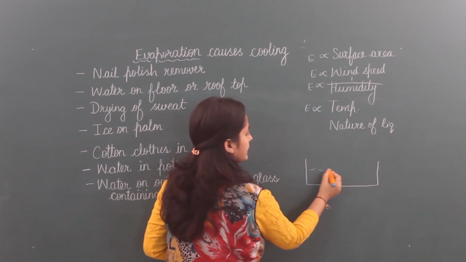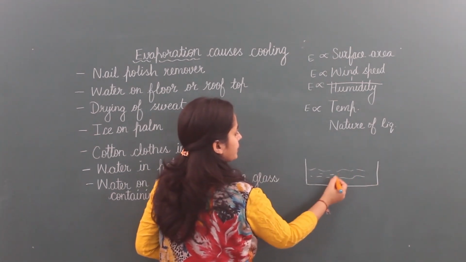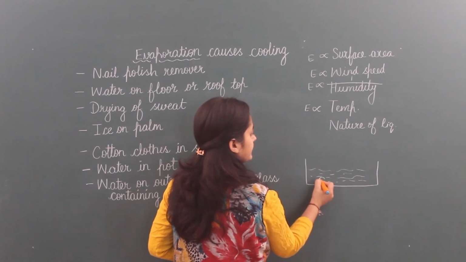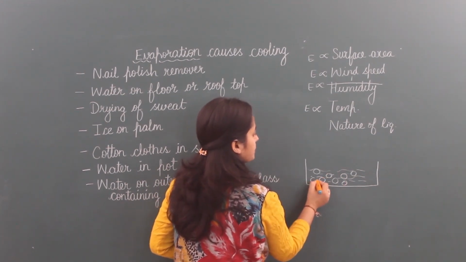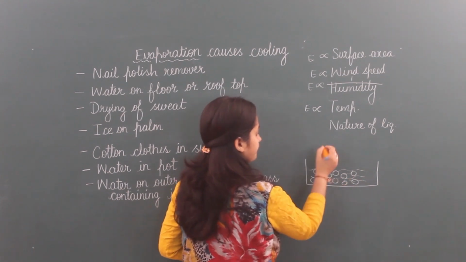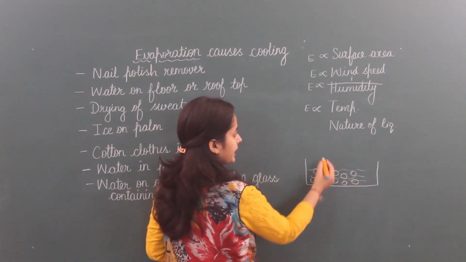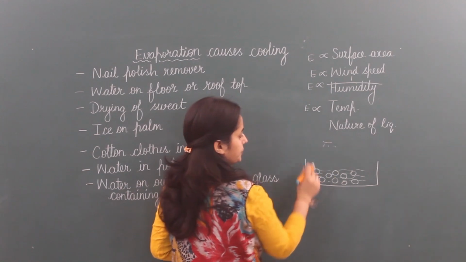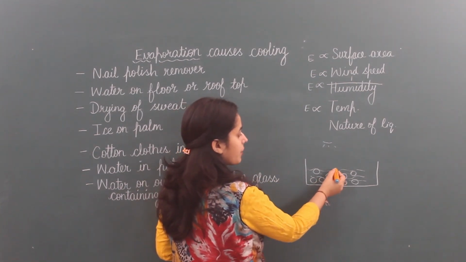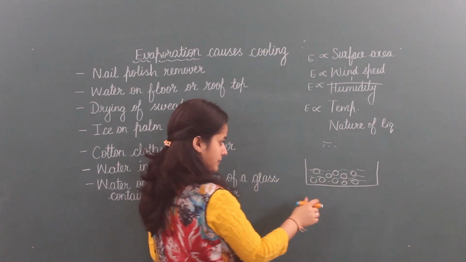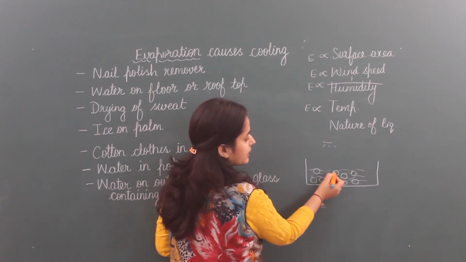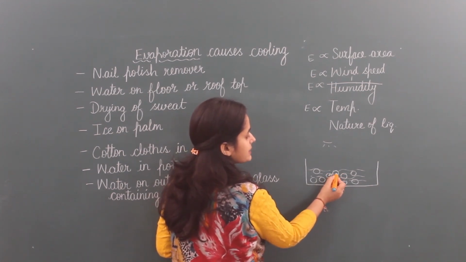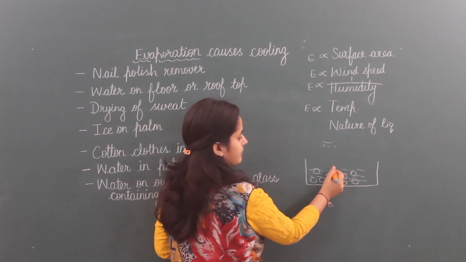This is a container containing water. These are molecules of water. Now what happens? Due to heat, evaporation of top particles has to take place. To evaporate, these particles will take heat from surrounding particles.